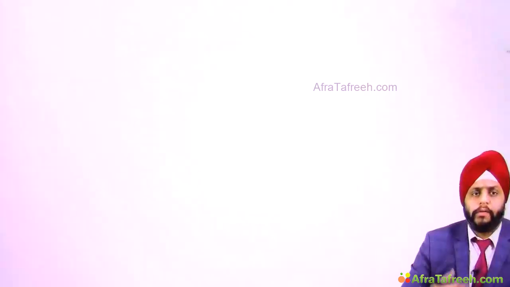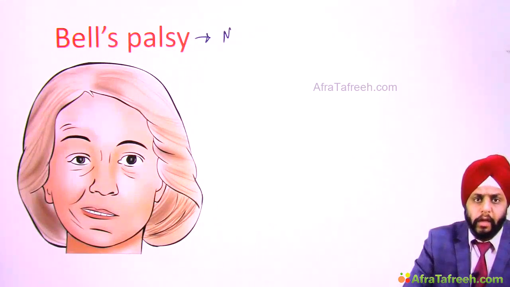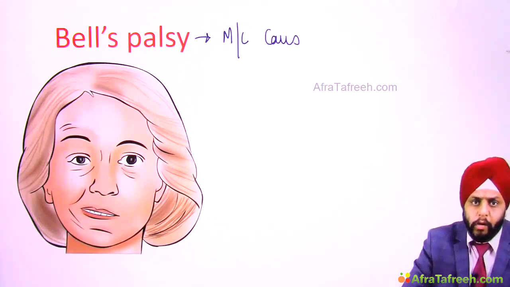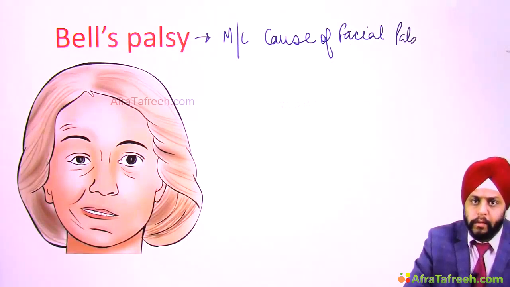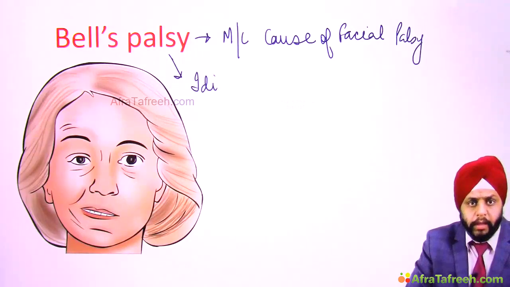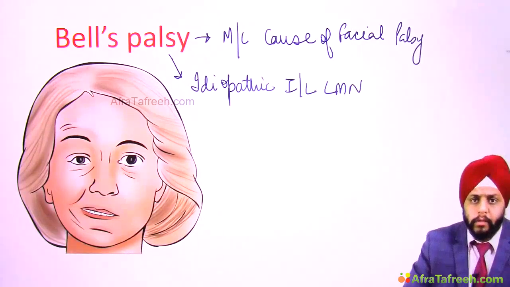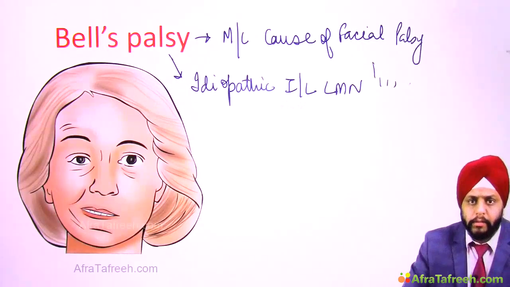Alright, now let's come to Bell's palsy. Now you see, Bell's palsy, this is the most common cause of facial palsy. Okay, what is Bell's palsy? Bell's palsy is idiopathic ipsilateral lower motor neuron facial palsy.